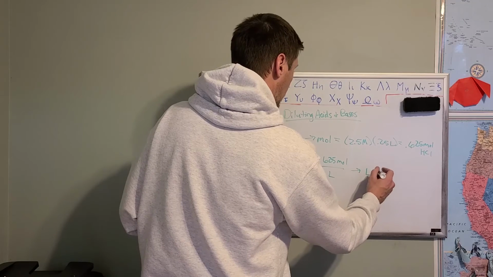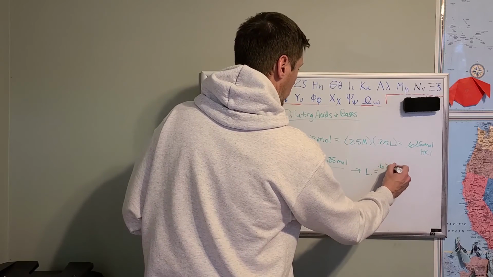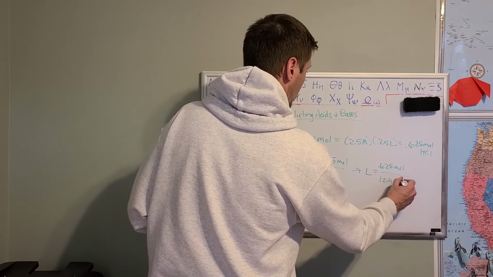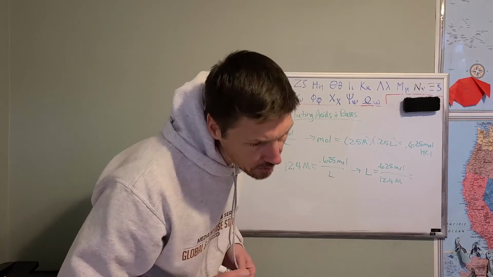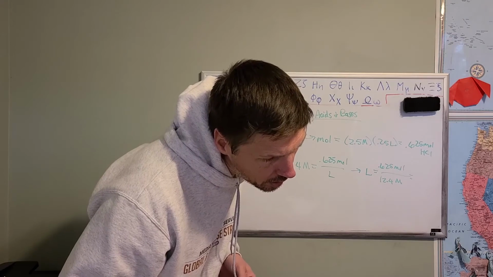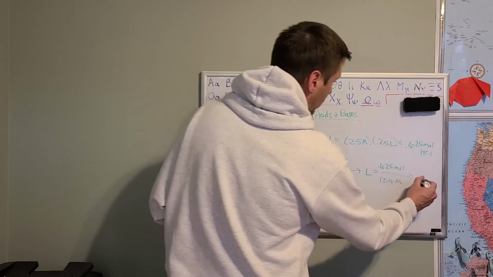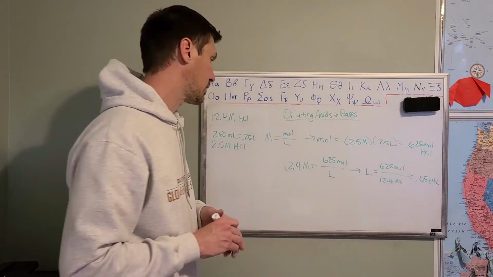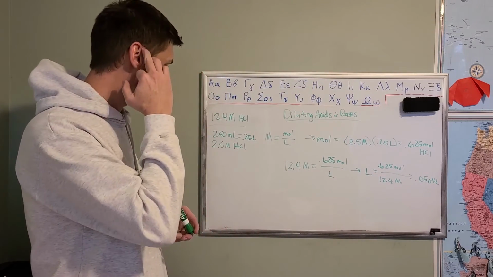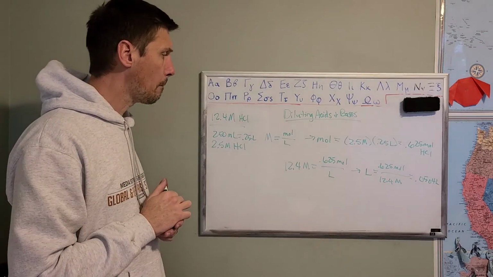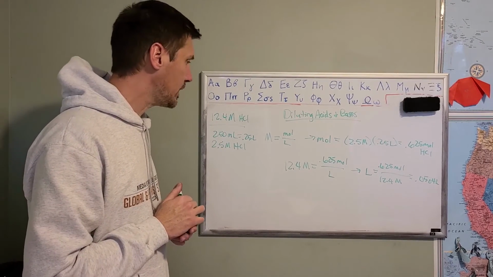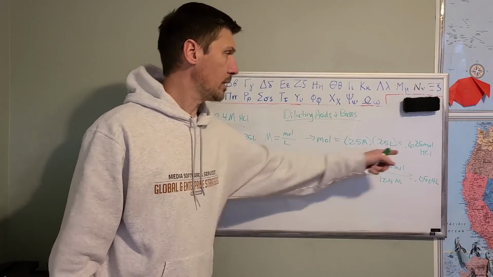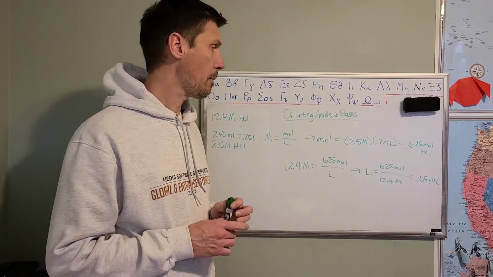L is going to be equal to 0.625 moles divided by 12.4 molarity, and that's going to give us 0.0504 liters of solution. So that's how many liters of this solution we have to have so that we get 0.625 moles.